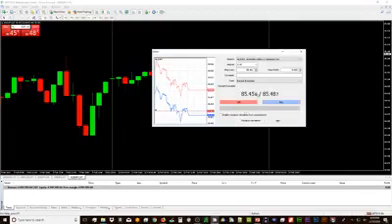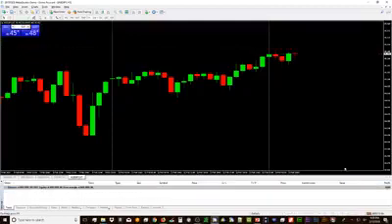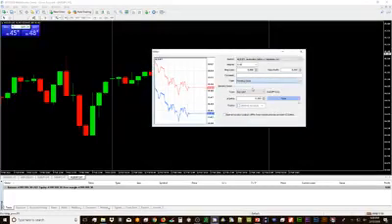You just hit OK, and as I showed you in the video before, you would just move it until you get to a point where it will take the order. So that's the instant execution. I'm going back into that dialog box by clicking new order up here at the top, and switching over to pending order.